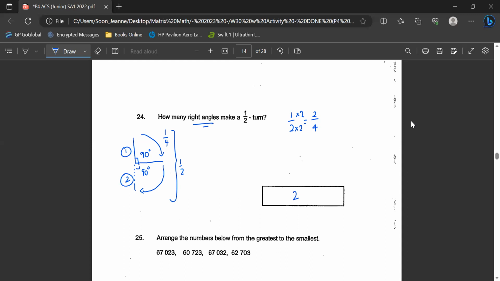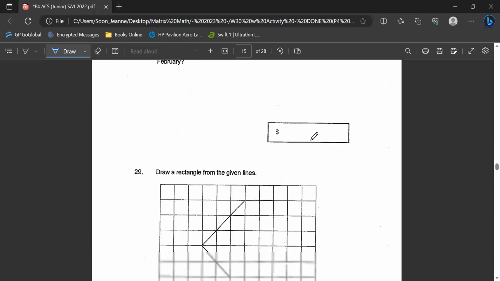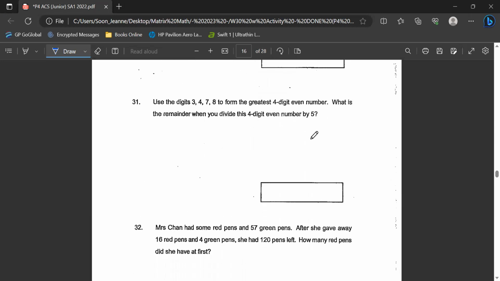Okay, so I'm going to move on to question number 31. Okay, use the digits 3, 4, 7, 8 to form the greatest 4-digit even number. What is the remainder when you divide this 4-digit even number by 5?